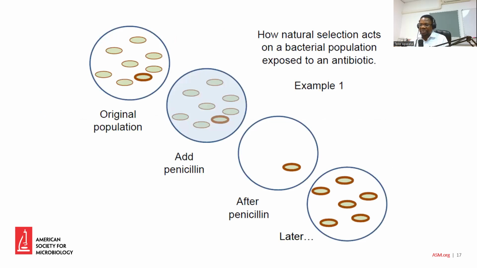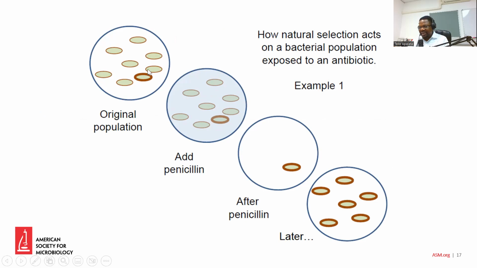So this is what we illustrate here. You can see that you have your original bacterial population, then you add an antibiotic like penicillin, and this penicillin will kill all the other susceptible pathogens, those that are susceptible to penicillin.